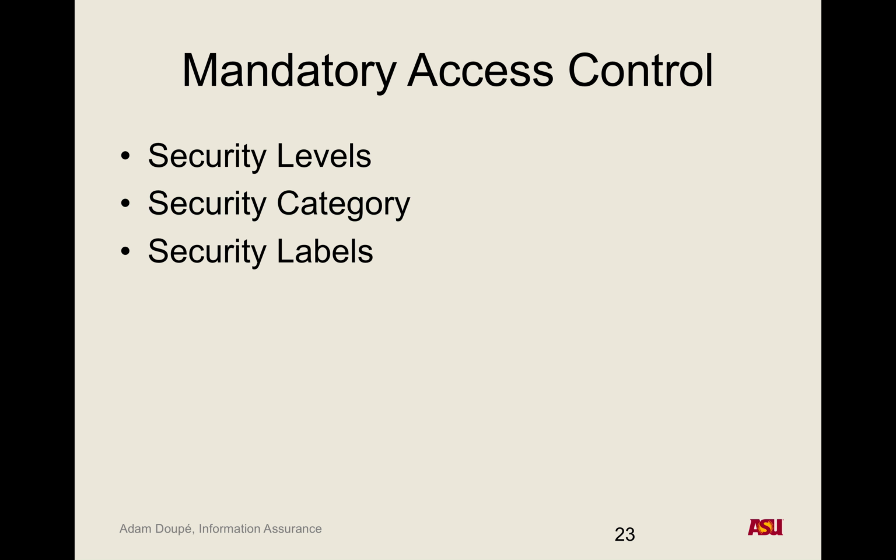They're very related here. You could have some data that is top secret that refers to a certain category, and even though you have top secret access, you don't need access to that. Or you could think of it even at the secret level. Just because you have top secret access doesn't mean you get access to all of the secret data just because you think that you need it.